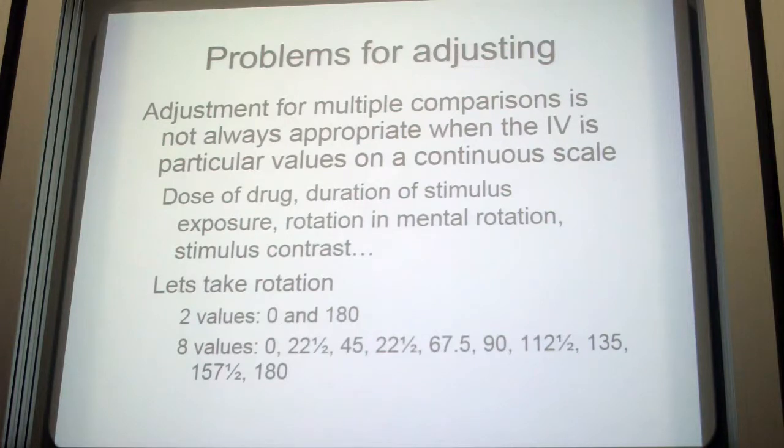Okay, so if we take something like rotation, we can have two values, 0, which is upright, and 180 degrees, an inverted image. Or we could have 8 values, 0, upright, and then going around in 8 steps until you get to inverted, upside down. Okay, so I've got different numbers of levels, but they're bounded in this case by the same values, 0 and 180. You can't go more than upside down.